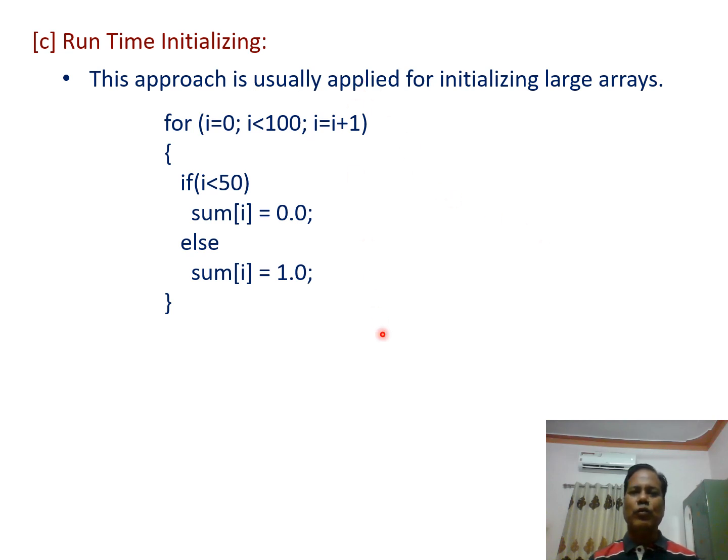In this, a for loop is used, and using this for loop we initialize 100 values of an element, where the initial 50 values from 0 to 49 are initialized to 0.0, and from 50 to 99 they are initialized to 1.0.